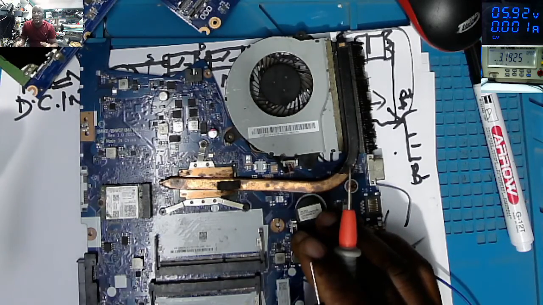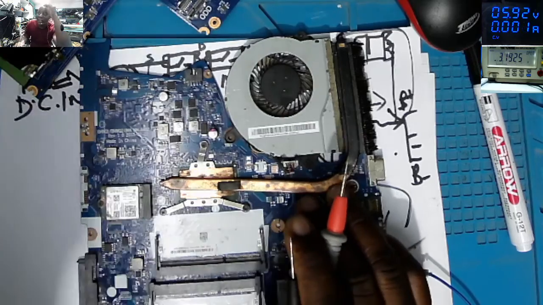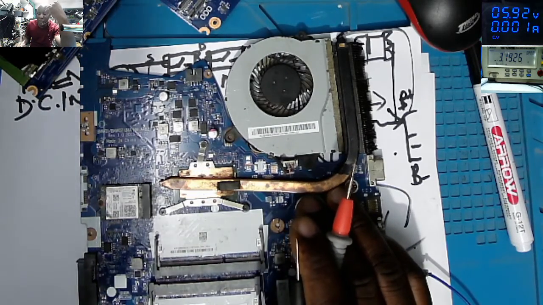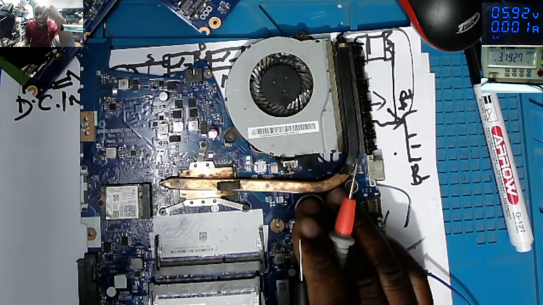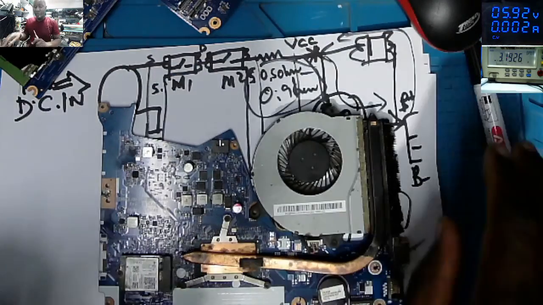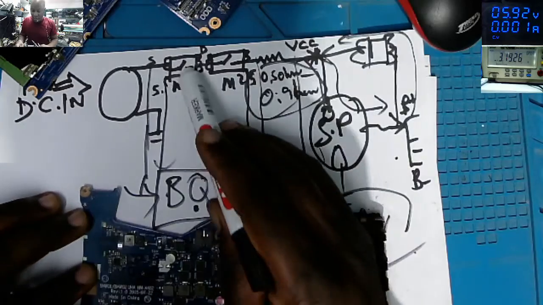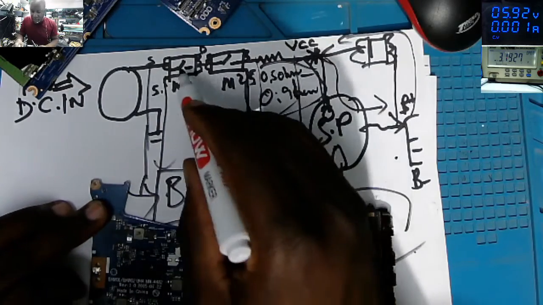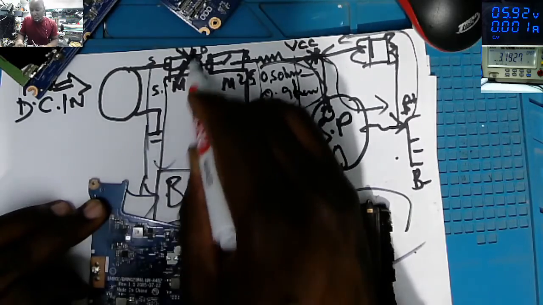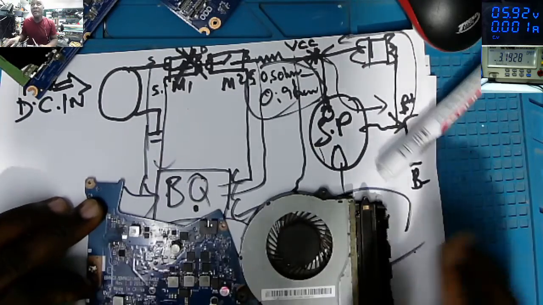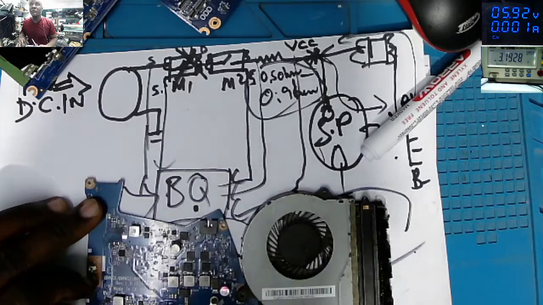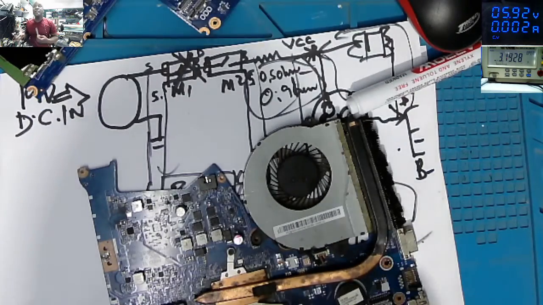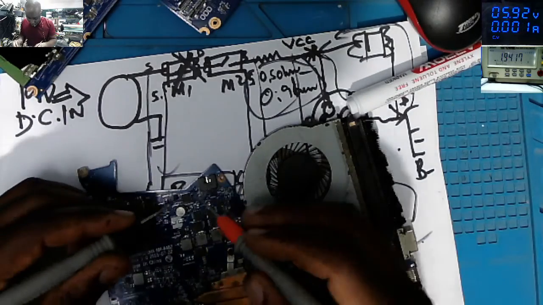We have found that the 19 volts is not passing the first MOSFET because of a short. That's what is happening here. This MOSFET M1 is cutting down the power. Why? Because of a shorted motherboard. Let's check those MOSFETs, drain to source.